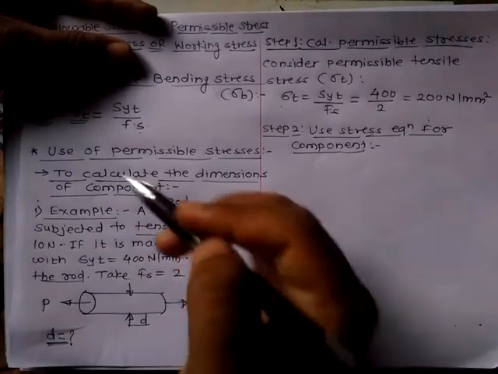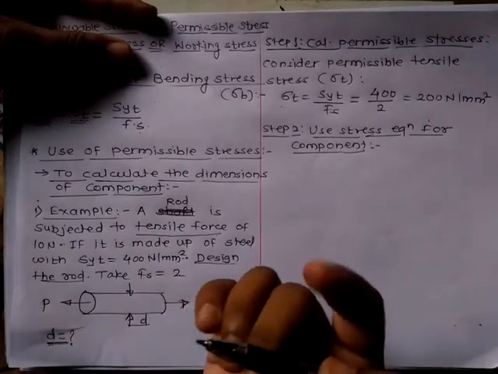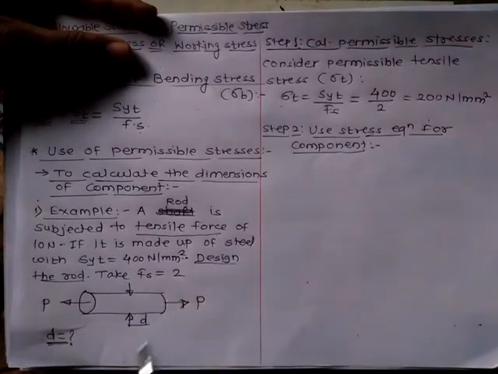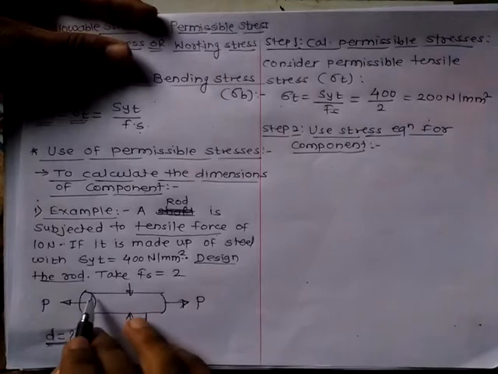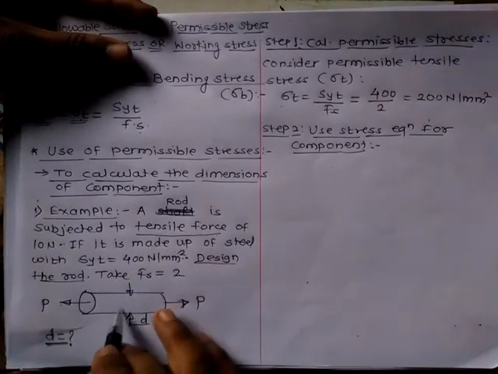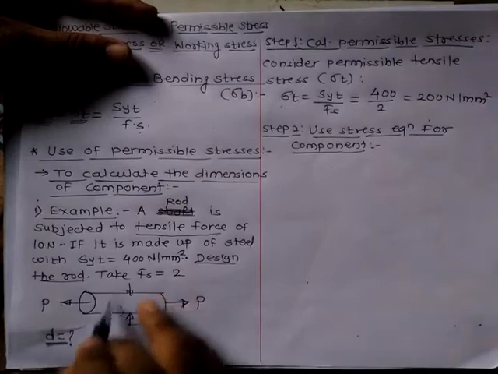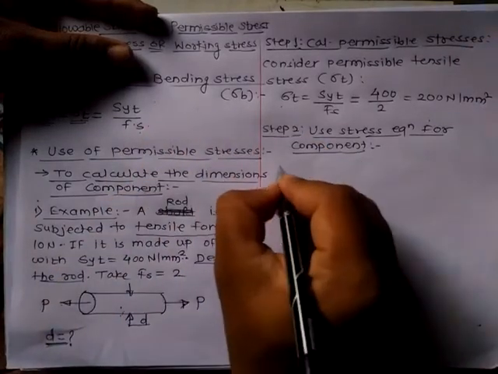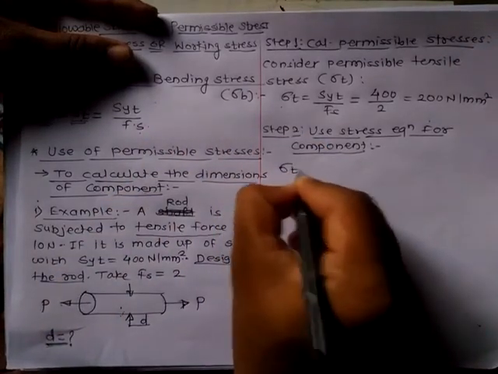First we see which type of stress will be induced in this rod. The rod is subjected to tensile force, so tensile stress will be induced, and therefore we have to write the equation of tensile stress for this rod.